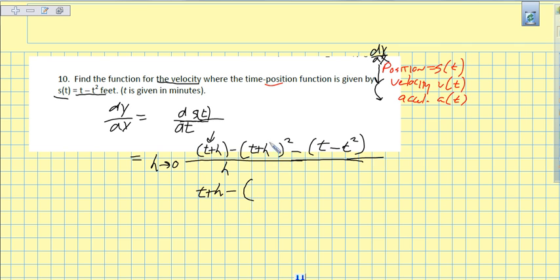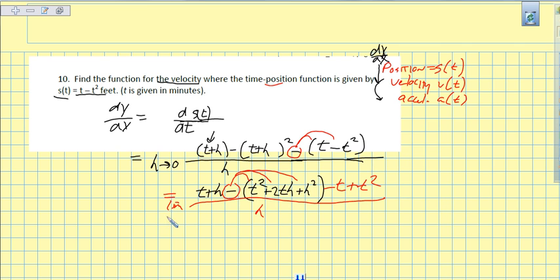And now we're going to be very careful here when we take our shortcut. We have t squared plus 2th plus h squared. And now just recall that this subtraction has to be distributed to each one of these three elements in here. And then of course at the last part of our numerator we've got to distribute that. So we have a minus t and a plus t squared all over our h.